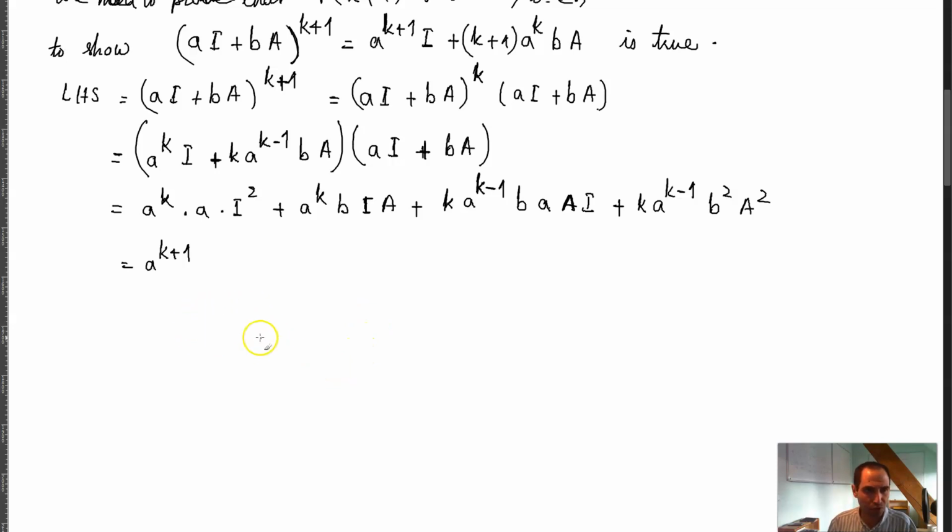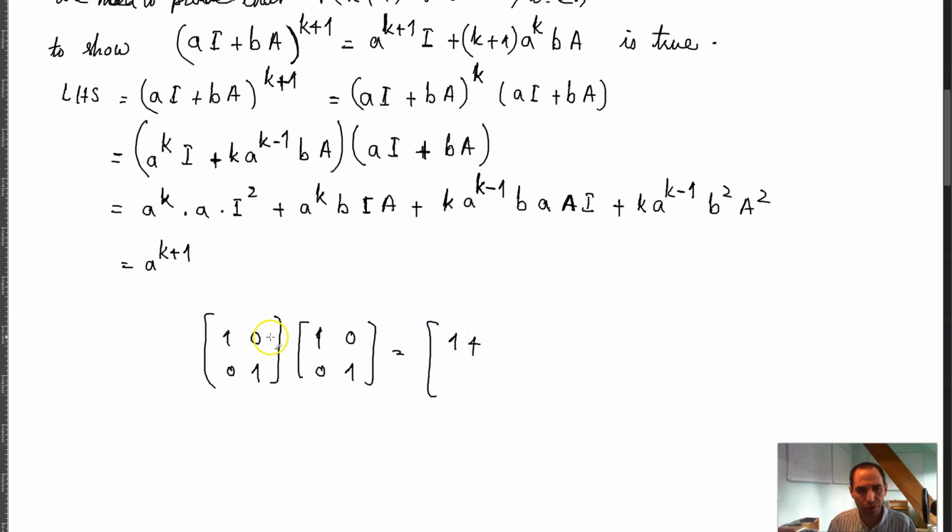I'm not really sure what that is, but as far as I can remember, let's say that you have the matrix 1001 times 1001. If you do this multiplication, you get 1 times 1 is equal to 1 plus 0. And then 1 times 0 is equal to 0 plus 0.